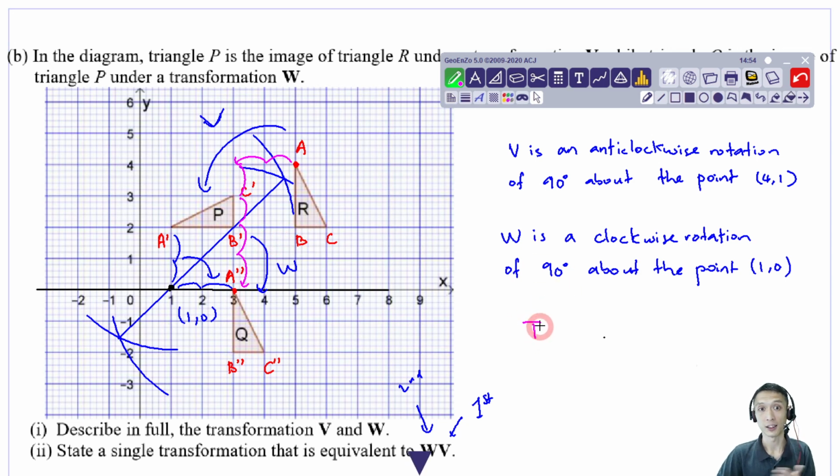So the equivalent transformation of WV will be translation. Go to your left, -2, go down, -4. This is the equivalent transformation of WV. That means WV and translation (-2, -4) will actually produce the same images.